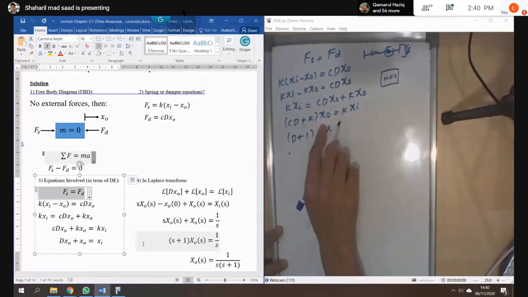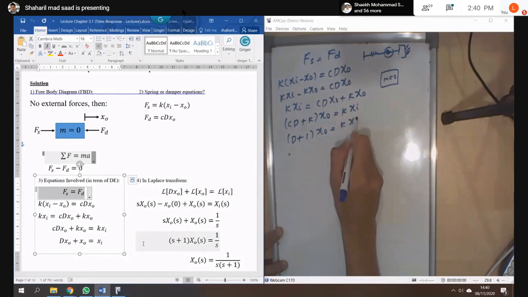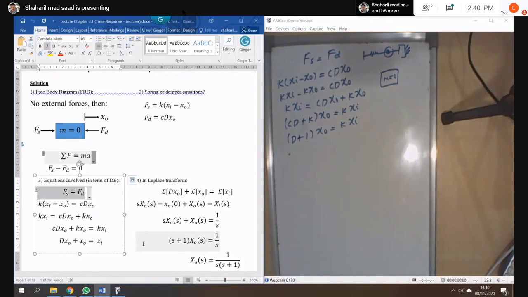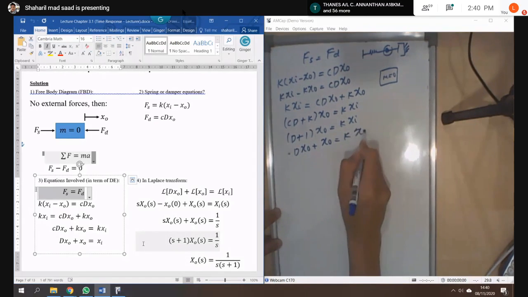Make it dx naught plus x naught equals K xi.